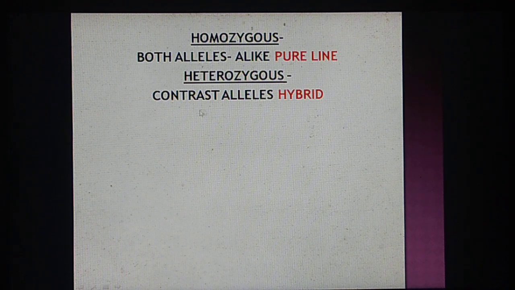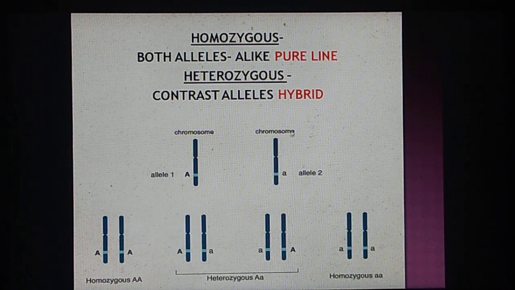That means these alleles have dissimilar factors, and these organisms or individuals are called hybrids. We will take an example of alleles indicating homozygous or heterozygous nature in individuals.